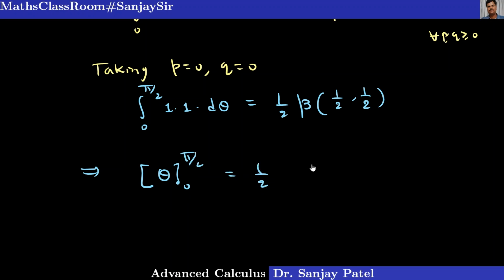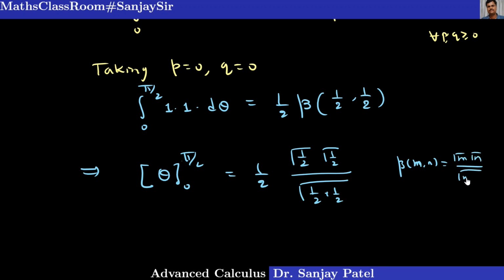On the right hand side, I want to apply the relation between beta and gamma functions. So beta m n is equal to gamma m into gamma n upon gamma of m plus n. I'm using the main theorem we have just proved.